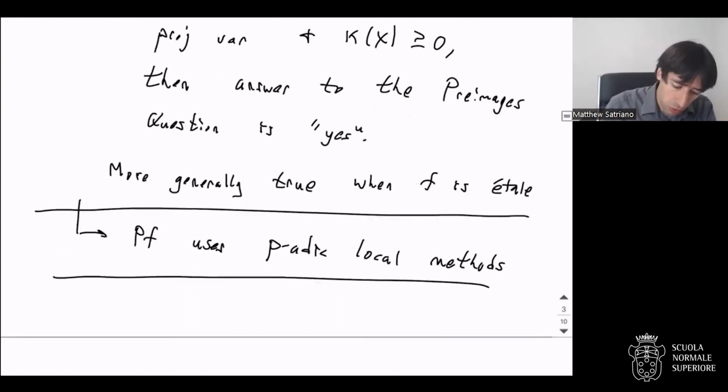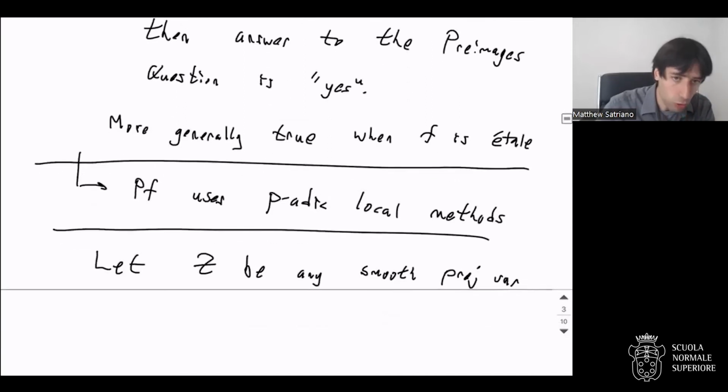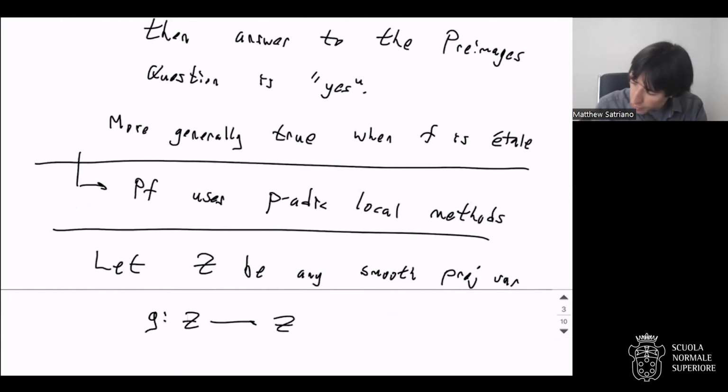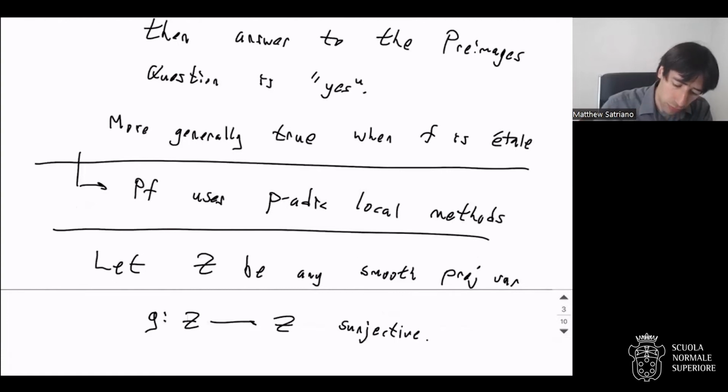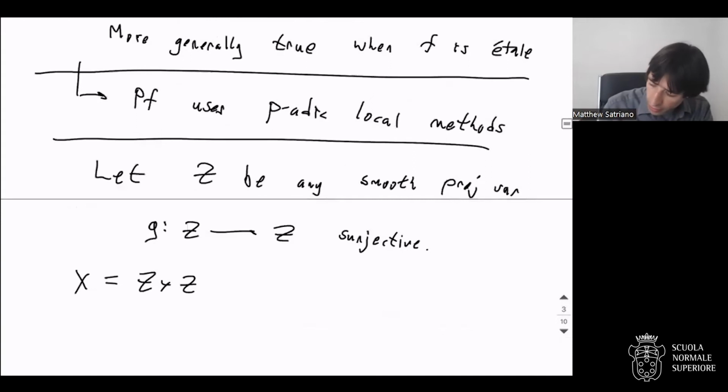So the way it's going to work is we're just going to say let Z be any smooth projective variety over a number field, etc. And we're going to take g to be a surjective map. And we're going to consider the situation where X is Z cross Z, where Y sitting inside of X is going to be the diagonal.